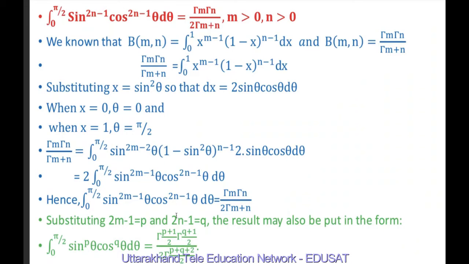Remember this formula. This is also a very important formula. 0 to pi by 2 sine p theta cos q theta d theta is equal to gamma p plus 1 upon 2 gamma q plus 1 upon 2 upon 2 gamma p plus q plus 2 upon 2. Remember both the forms of this formula.